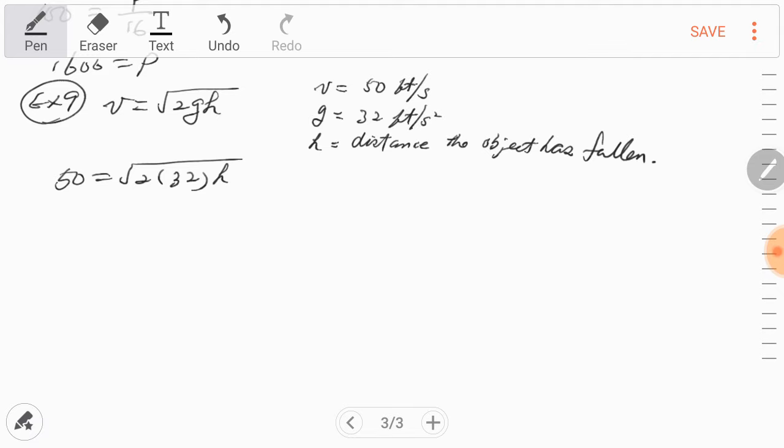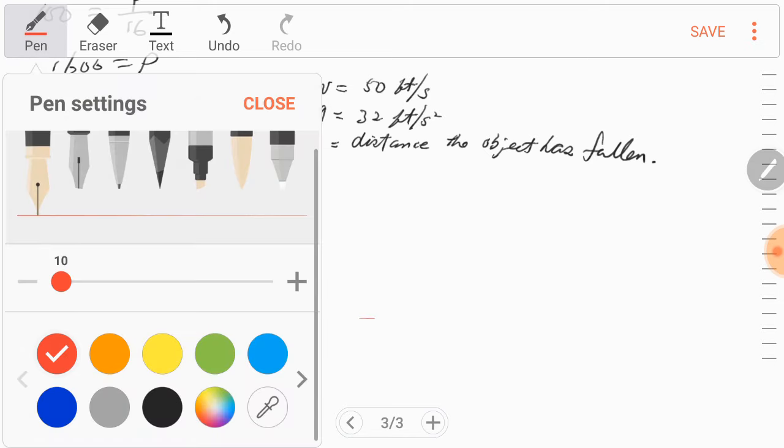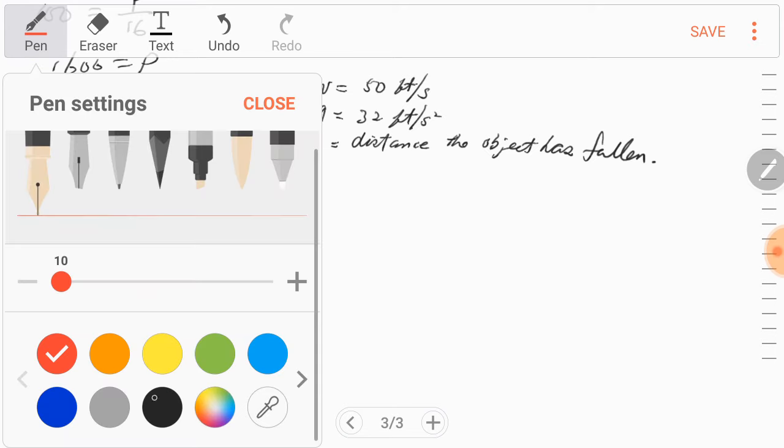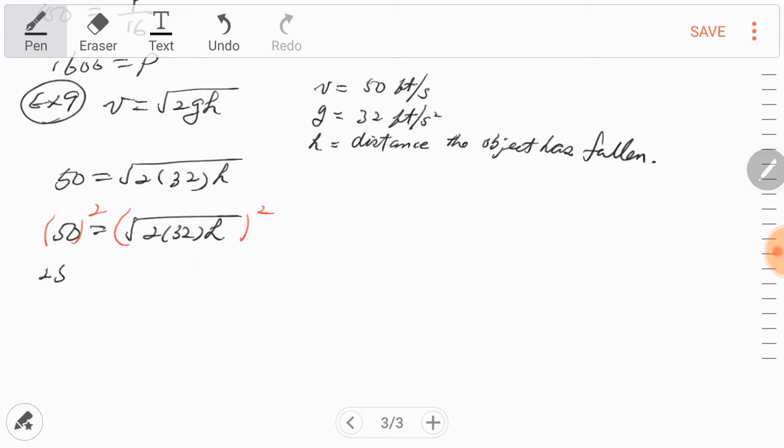All right, then what do we do? We gotta square each side. So let me write the equation again so that we can square each side. Squaring each side of the equation gives you 2500 equals 2 times 32h.